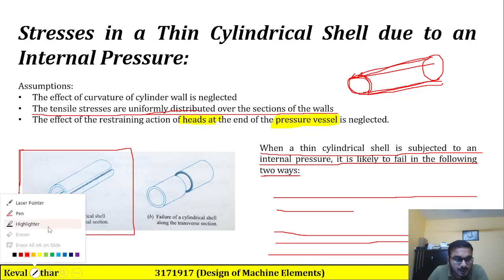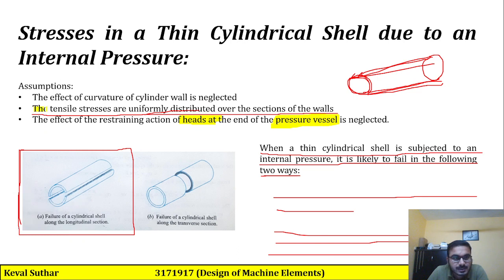I am talking about this assumption that the tensile stresses are uniformly distributed over the sections of the wall. I told you that this is applicable to the thin cylindrical shells.